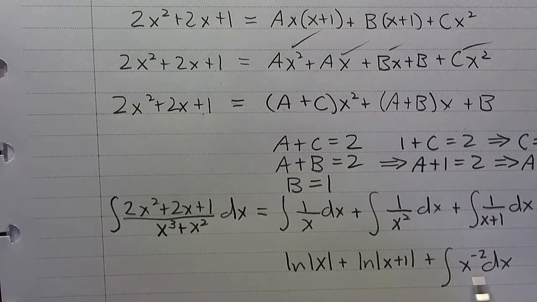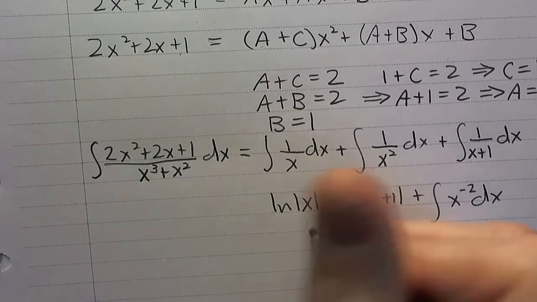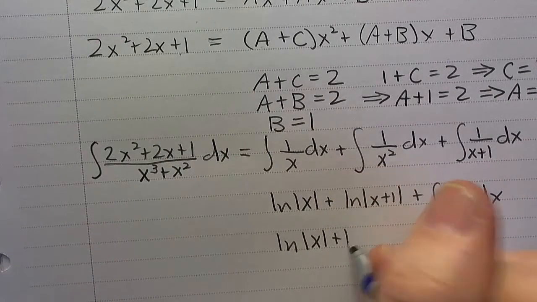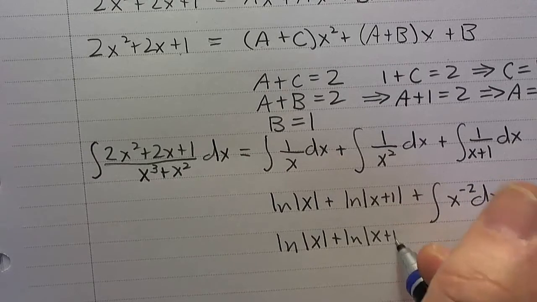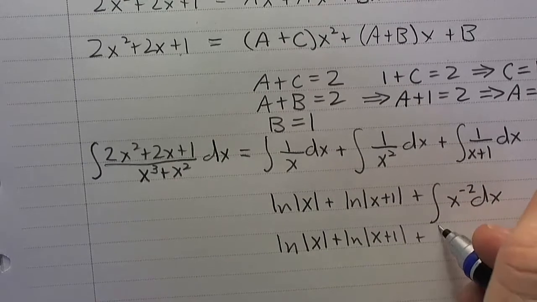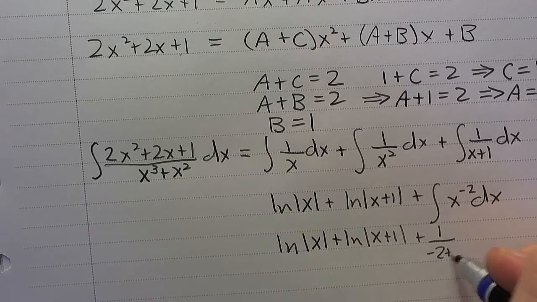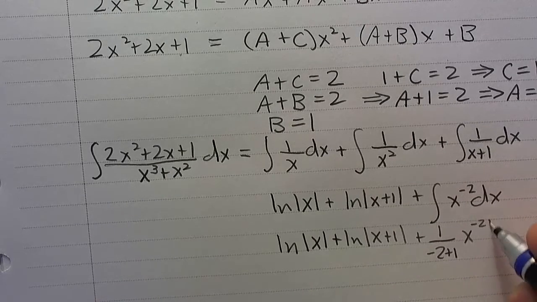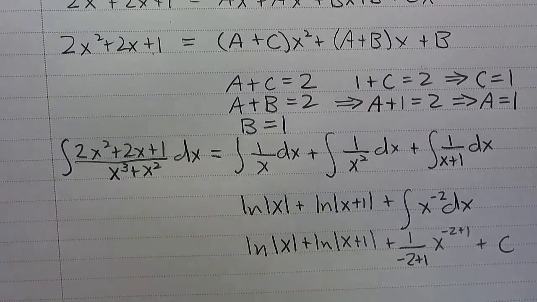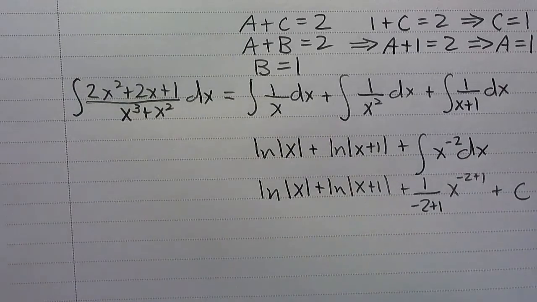This is not going to be natural log. We're just going to use the power rule. So we've got natural log absolute value of x plus natural log x plus 1. Now, this one, so we're going to have plus 1 over negative 2 plus 1, x to the negative 2 plus 1 plus c. We're just using the power rule for integration, so don't forget the basics.